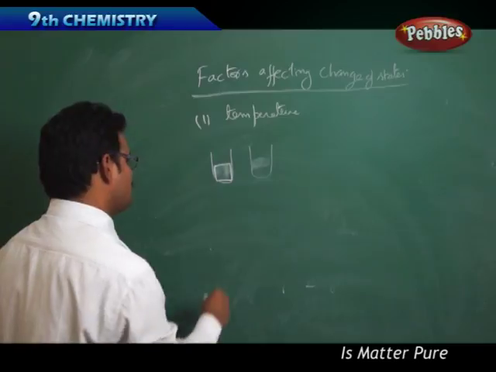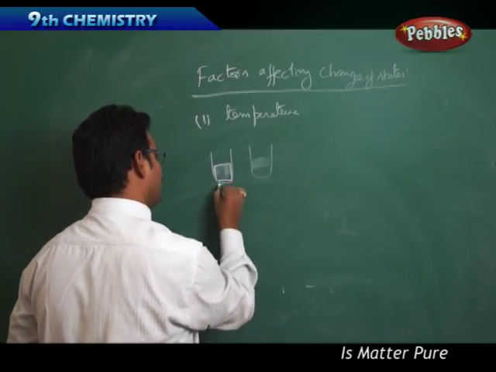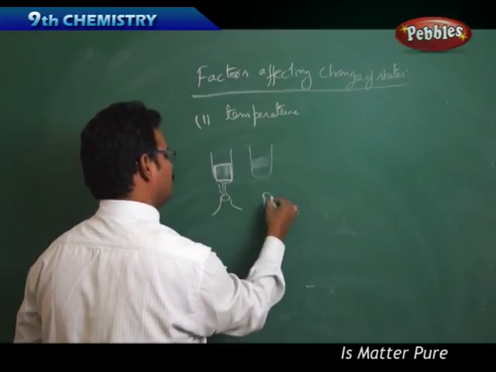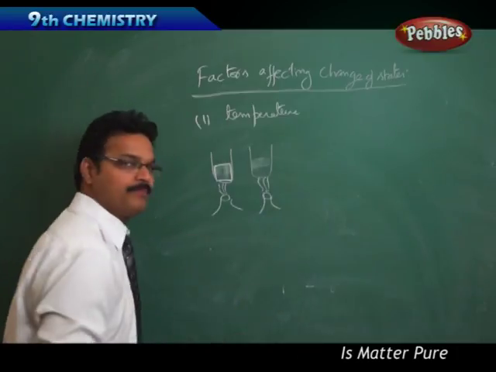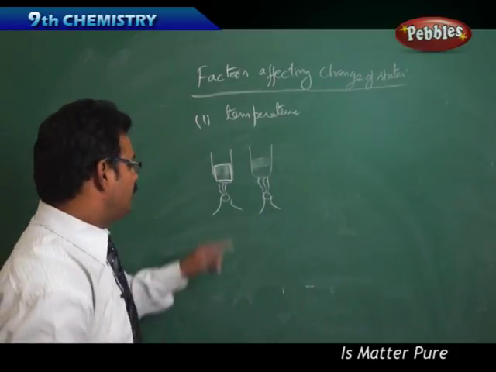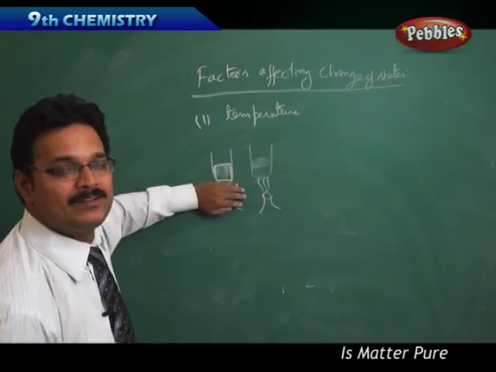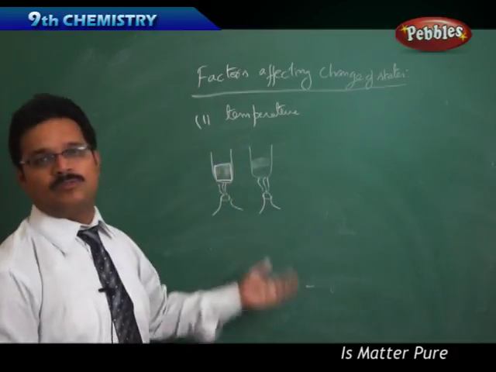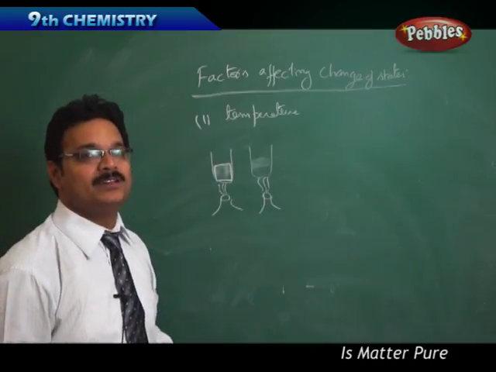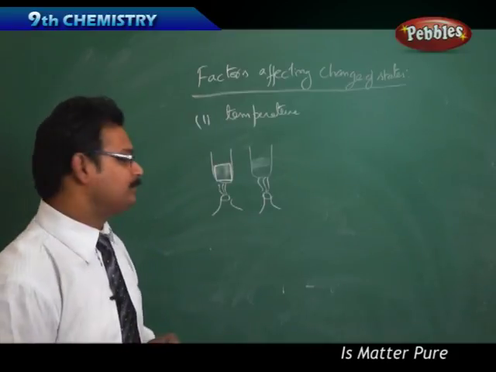Filled with ice. Now using a Bunsen burner, heat the ice. Here also heat the water. If you keep the ice without supplying any heat, of course it changes to water, which is called the liquid state, after some time.